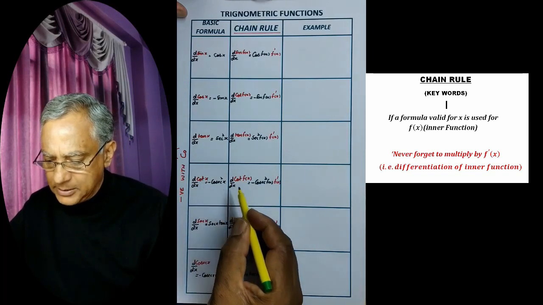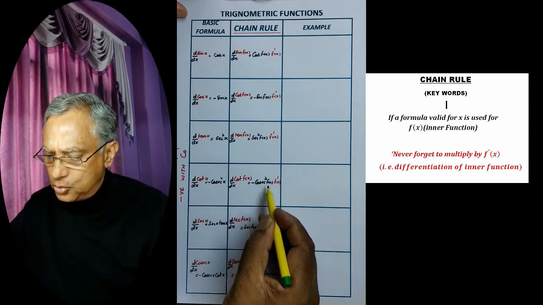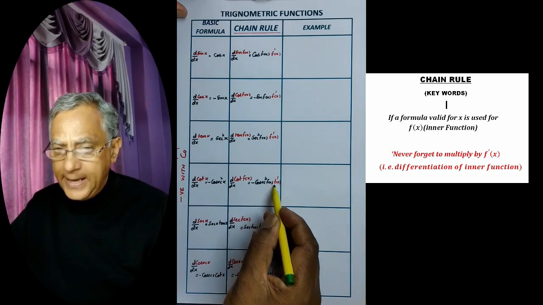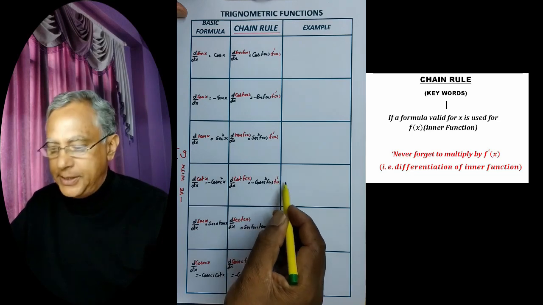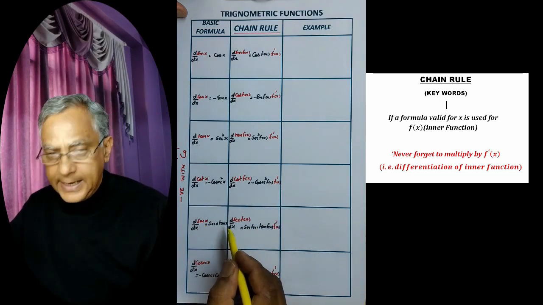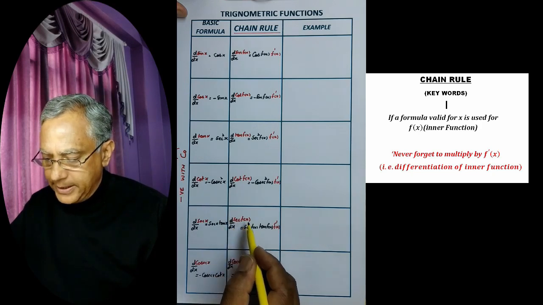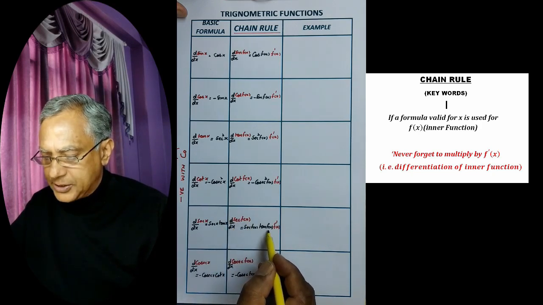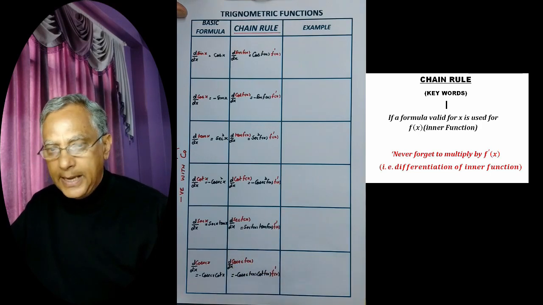If we replace x by f(x), it will be minus cosec square f(x) into f dash x. This term will be extra. d by dx of sec x is sec x tan x, so d by dx of sec f(x) will be sec f(x) tan f(x) into f dash x, and similarly for the rest.